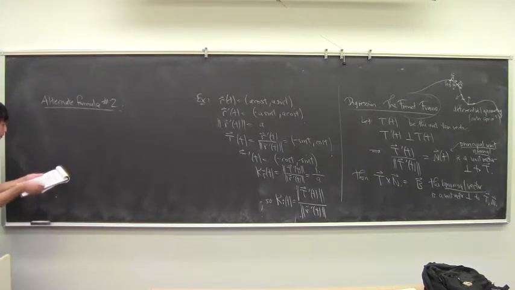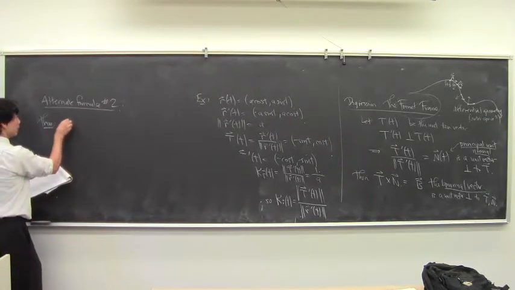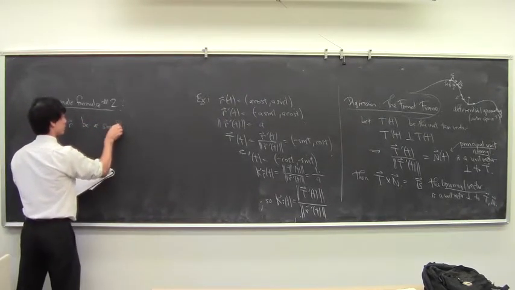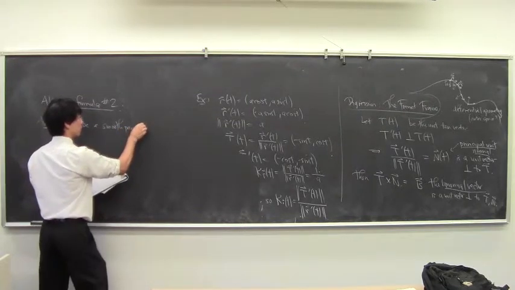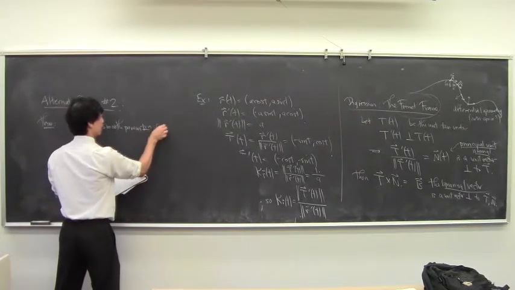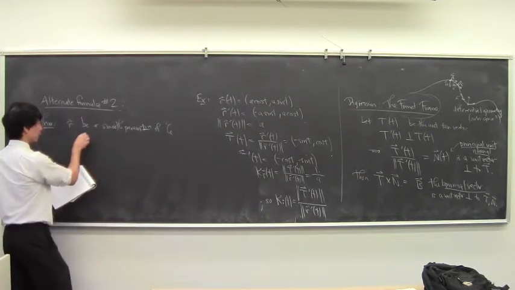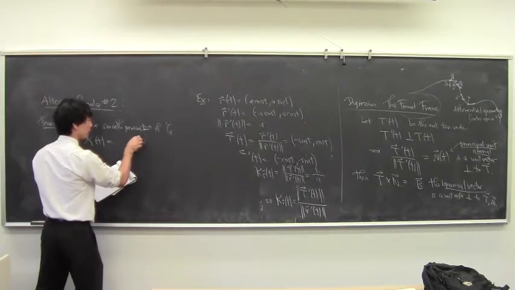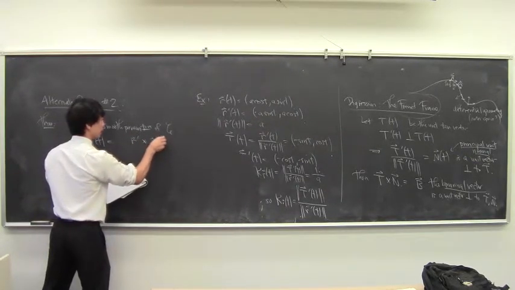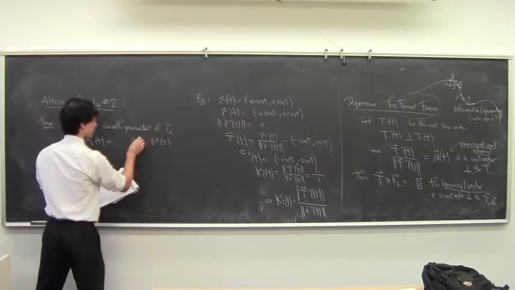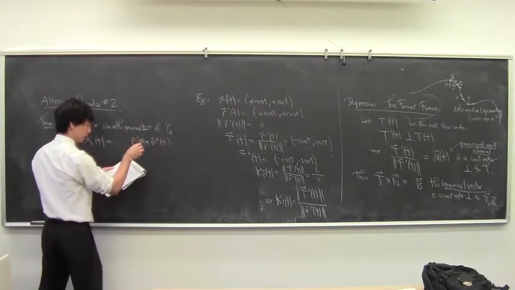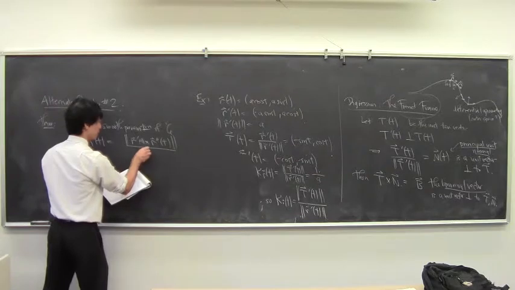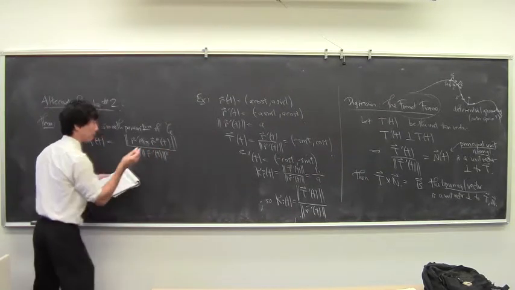Again, let R be any smooth parametrization of some curve C. Then it turns out that the curvature can be realized as the magnitude of the velocity vector cross the acceleration vector, over the speed cubed.